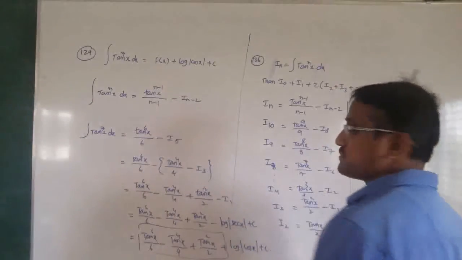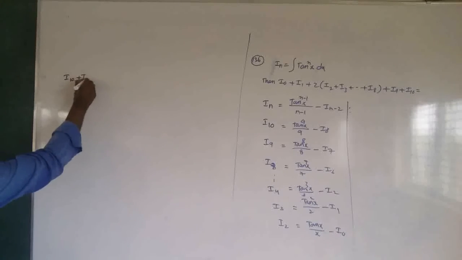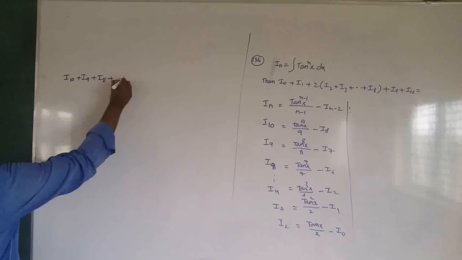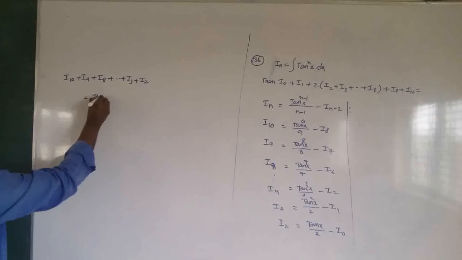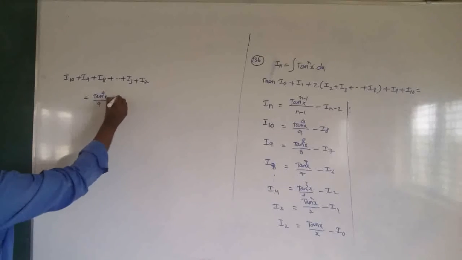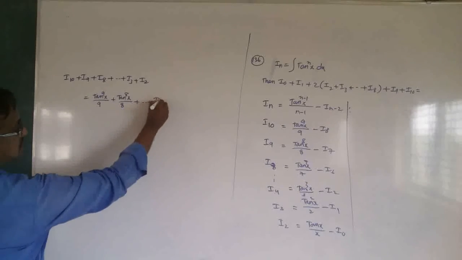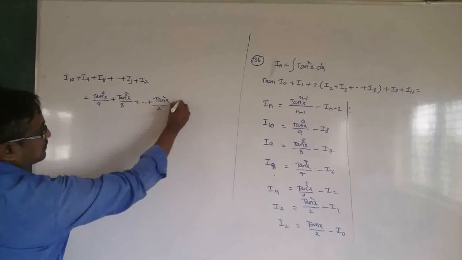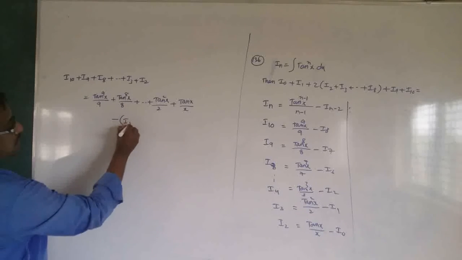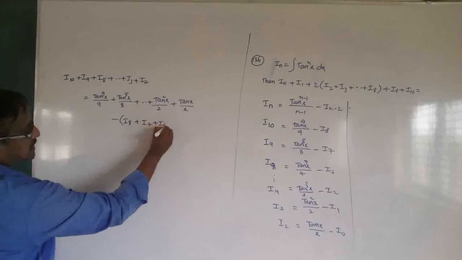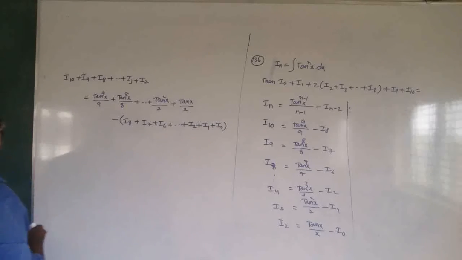So if you add these terms, now consider I10 plus I9 plus I8 plus and so on plus I3 plus I2. It will be tan power 9x by 9 plus tan power 8x by 8 plus and so on plus tan square x by 2 plus tan x by 1 minus of I8 plus I7 plus I6 and so on plus I2 plus I1 plus I0.